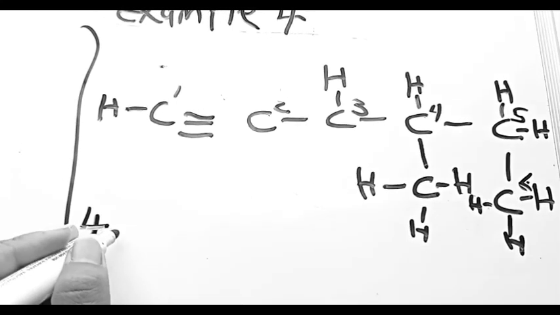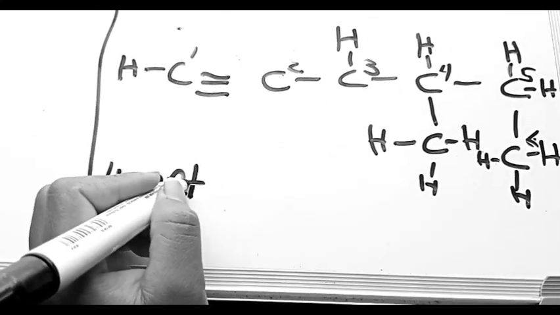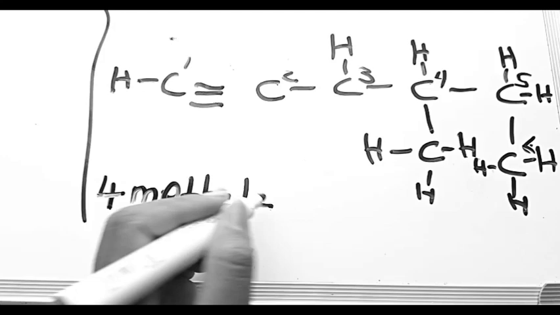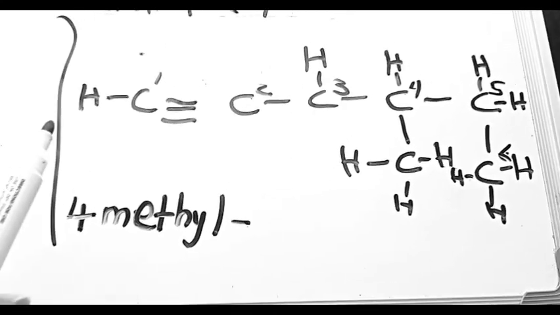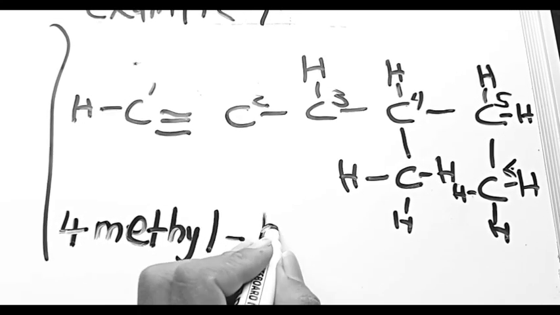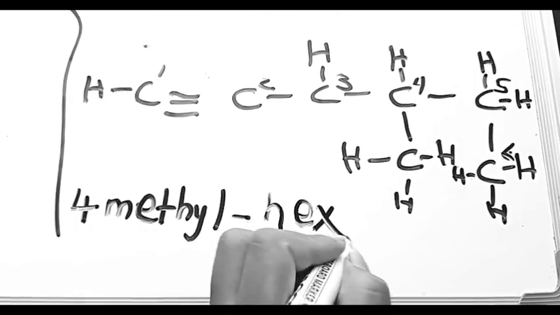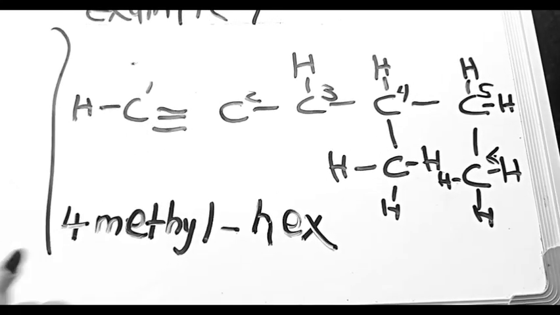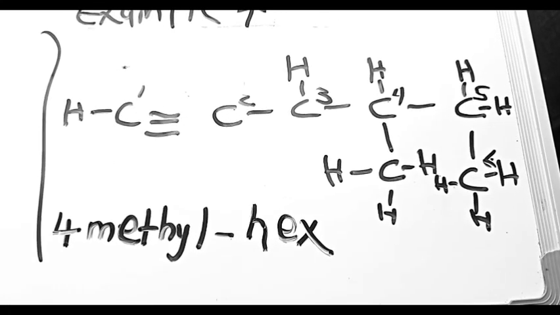It's 1, right? So it's 4-methyl. 4-methyl, definitely. And our longest main chain, we have 6 carbons. It's hex, and therefore we have to include our double bond. It is bonded on the first carbon.